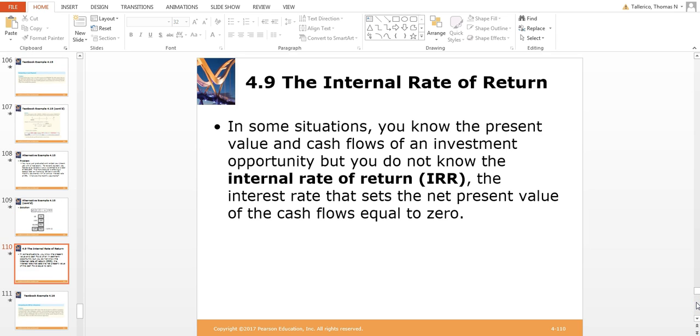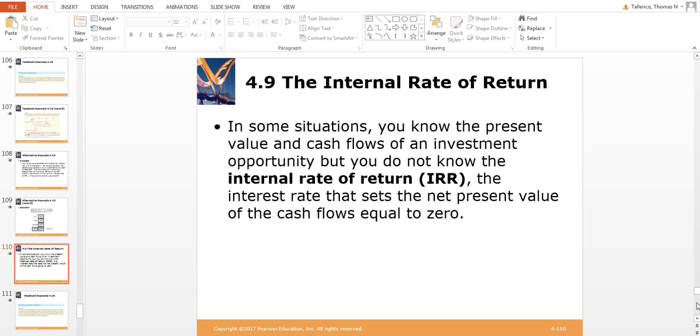All right, I will talk about internal rate of return when we meet again. This is a little more complicated, and I think it needs some further discussion. Simply, internal rate of return is the rate at which the net present value equals 0.